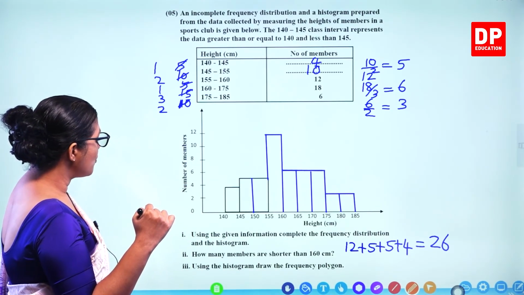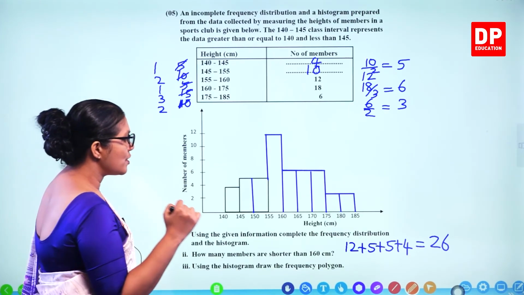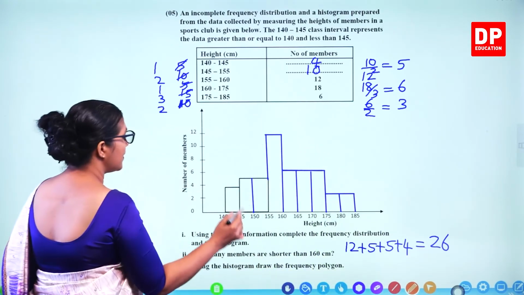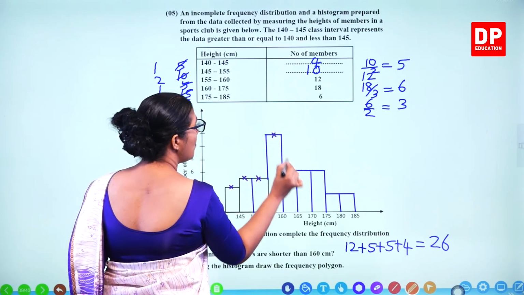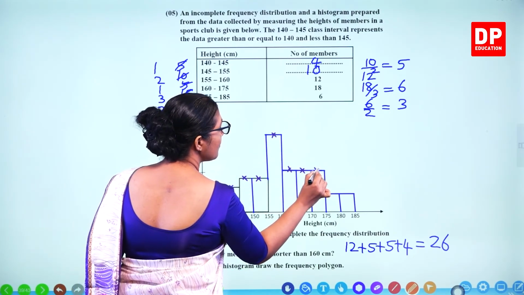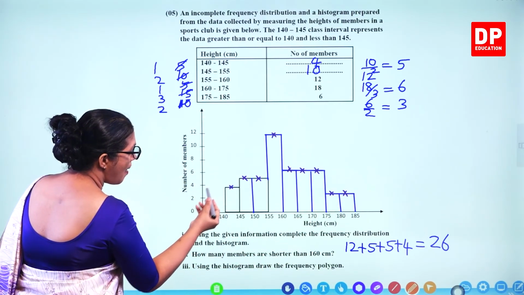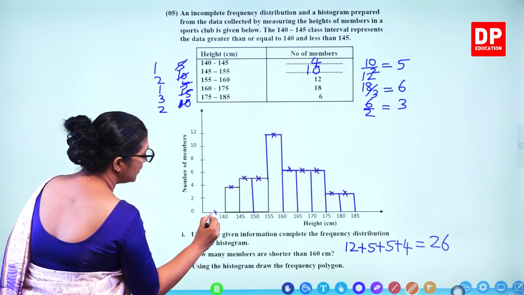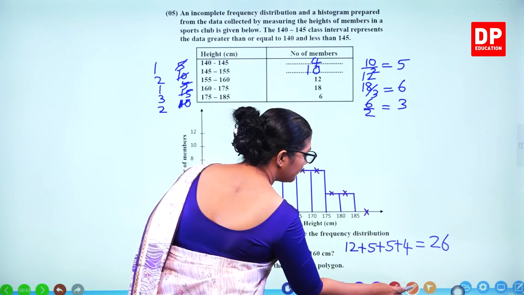Using the histogram, draw the frequency polygon. How we draw the frequency polygon? We have to mark the midpoints. So mark the midpoints of each equal bars. And then what you do? You have to mark the value before 140, that means 135. And after, that's 190.